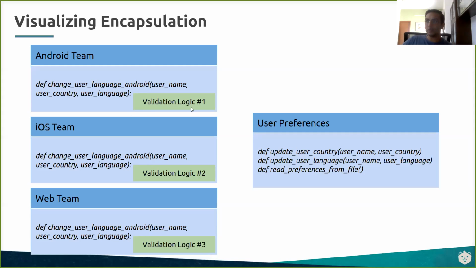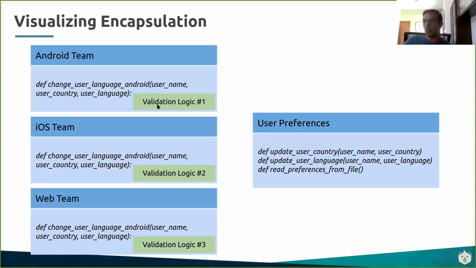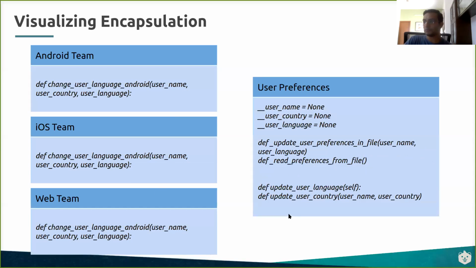Now this led to the problem: repeat of code in multiple places, error prone, not really encapsulated. Suppose a new thing comes in, this one does it, but these two don't do it. It becomes a messy thing. So now we've said this user preference will be a very clean class so that objects of this user preference type can just be used by all of these teams.